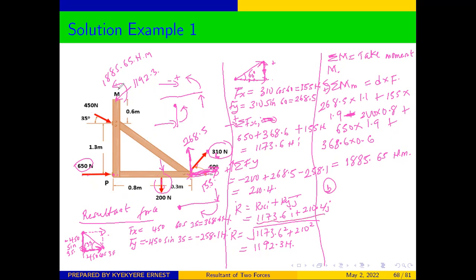So here, our resultant is going to have one component like this and another component like that. They were all positive, so our resultant should move in this direction.